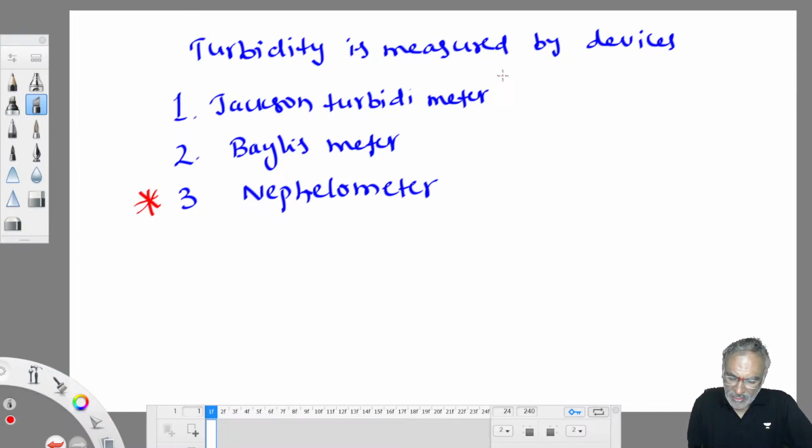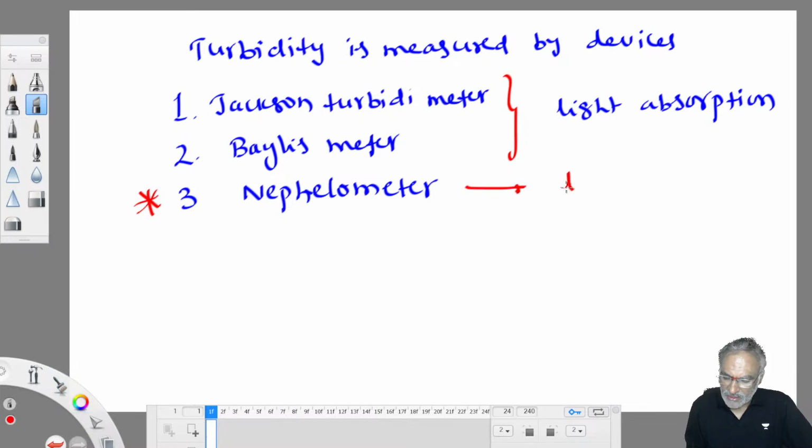The Jackson turbidimeter and Bailey's meter work on the principle of light absorption. They measure light absorption, and based on that, they measure turbidity in water, whereas the nephelometer measures turbidity by measuring light scattering. It works on the principle of light scattering. Some amount of light is scattered 90 degrees to the light path, perpendicular to the light path.